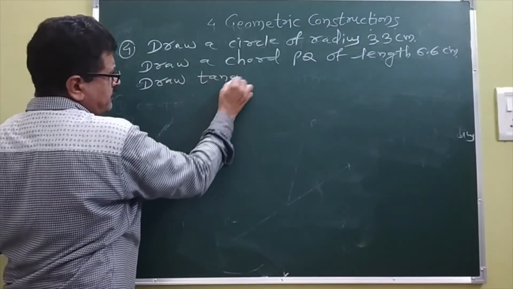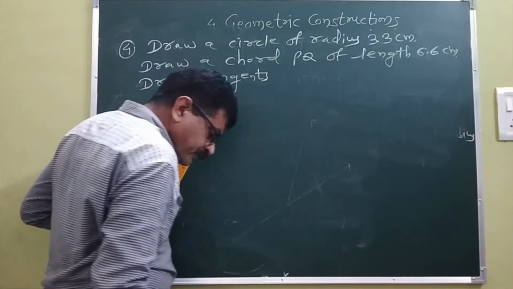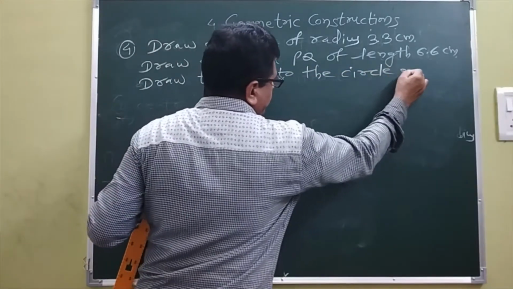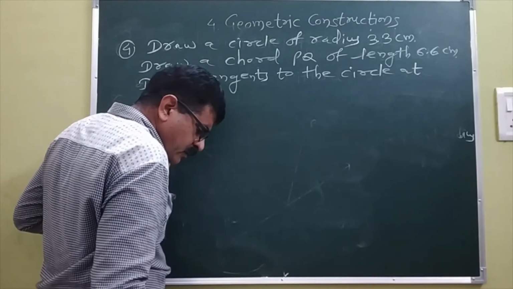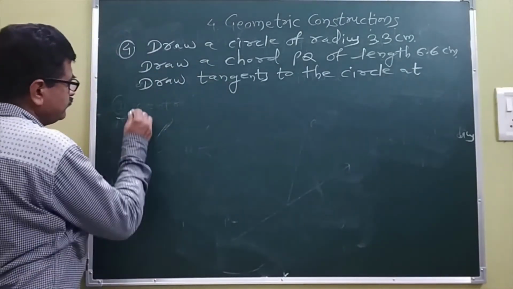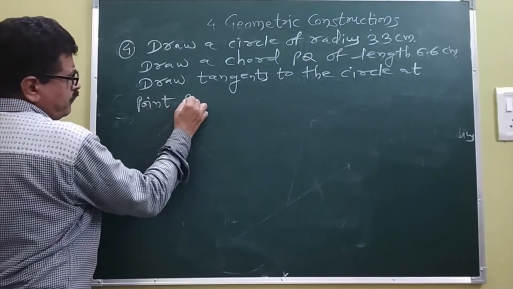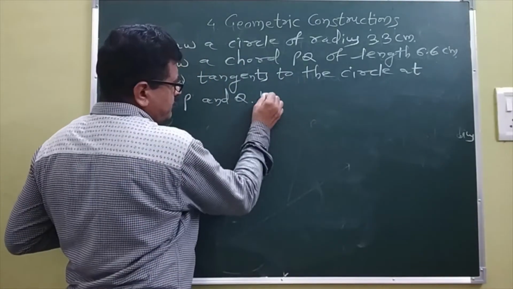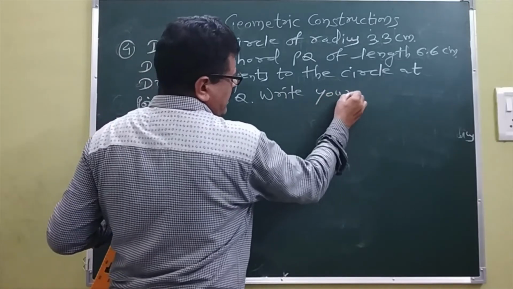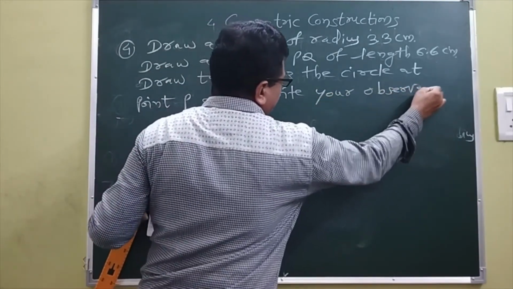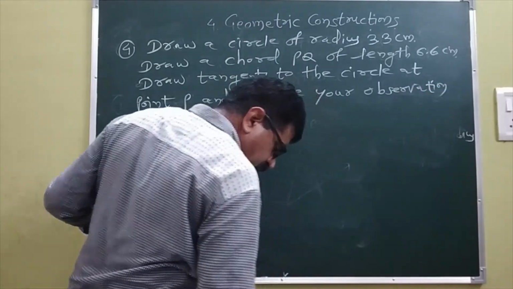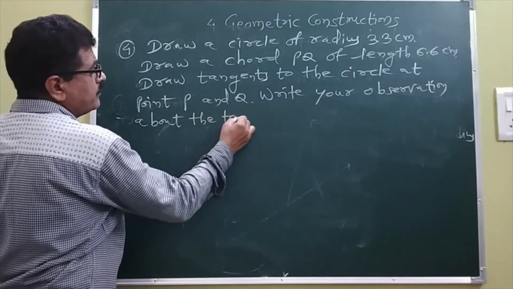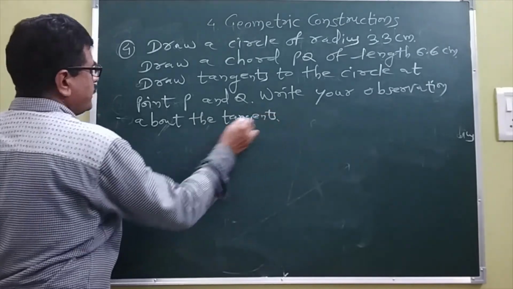Draw tangents to the circle at points P and Q. Write your observation about the tangents.